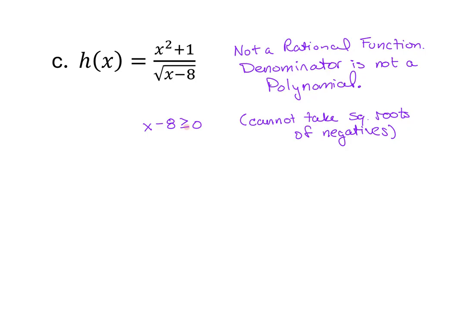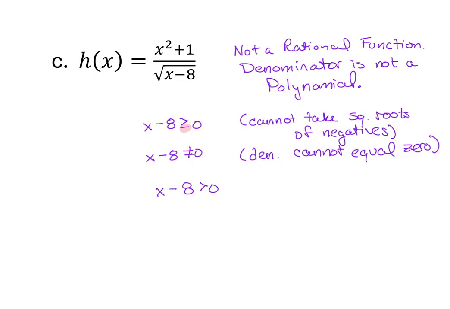I need to get rid of the bar on the bottom. It cannot equal 0 because the denominator cannot equal 0. And if we combine these two statements together, then what we get is x minus 8 has to be strictly greater than 0.